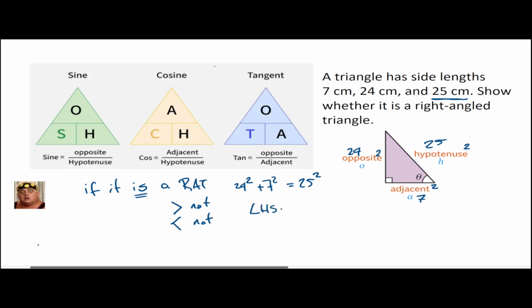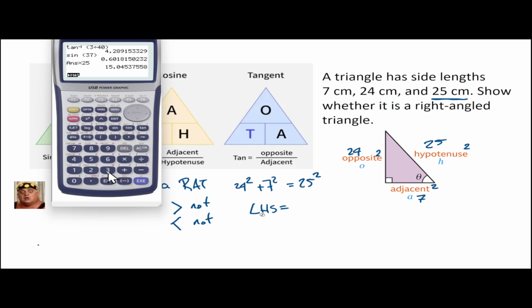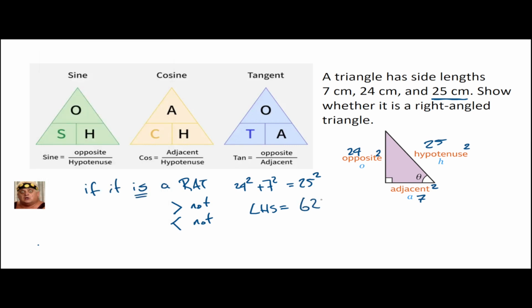The left hand side is equal to 24 squared plus 7 squared, which is 625. Fair enough.